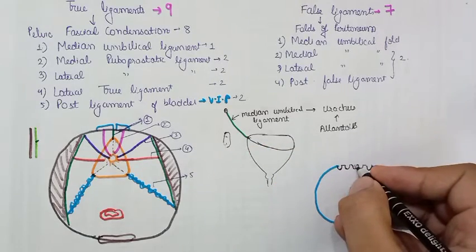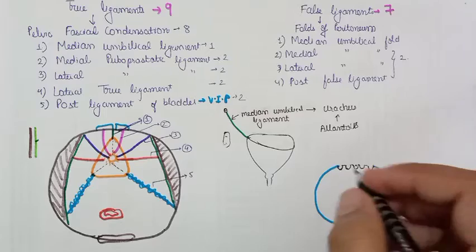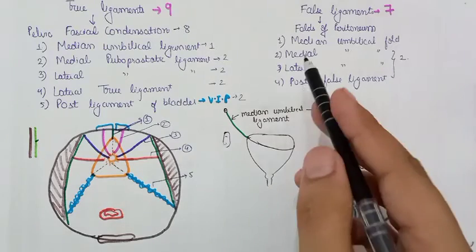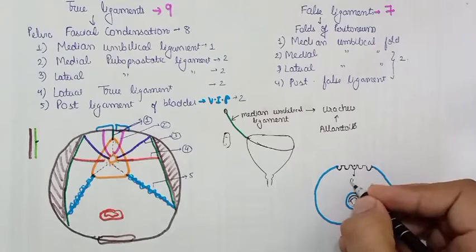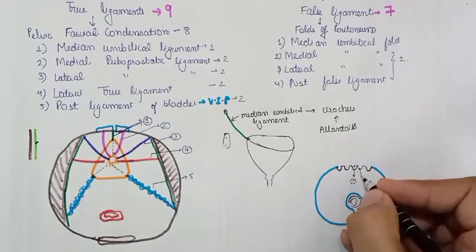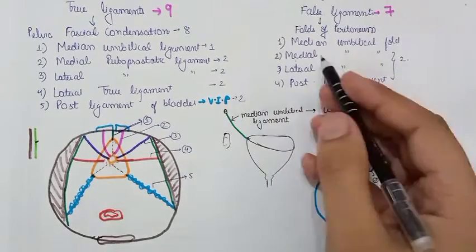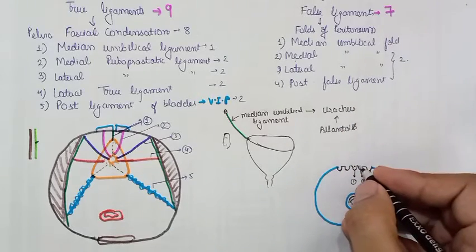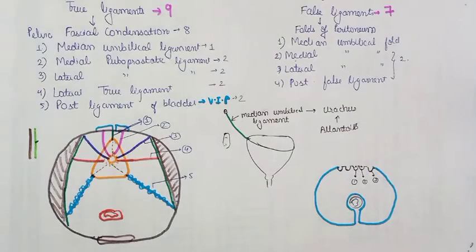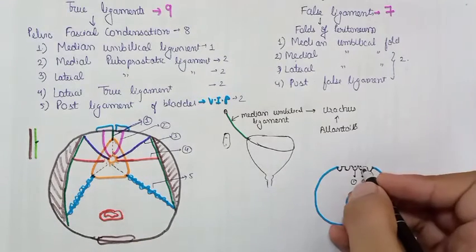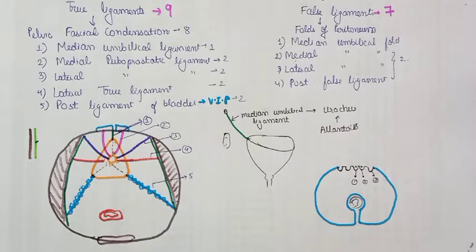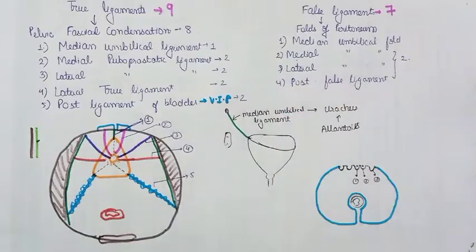So the median umbilical ligament runs over here, causing the formation of the median umbilical fold. This is the first part. The medial umbilical fold is formed due to the presence of the obliterated umbilical artery, that is, the umbilical artery degenerates, forming a fold called the medial umbilical fold.